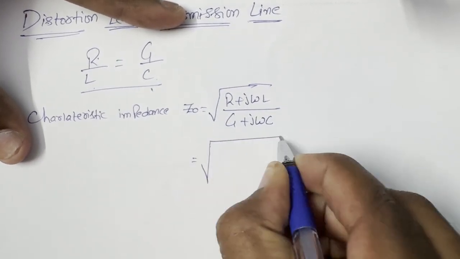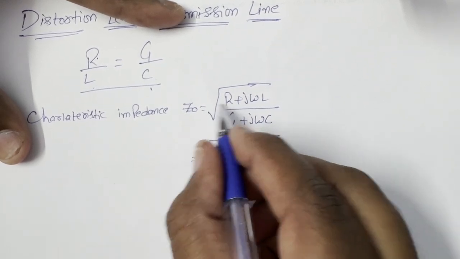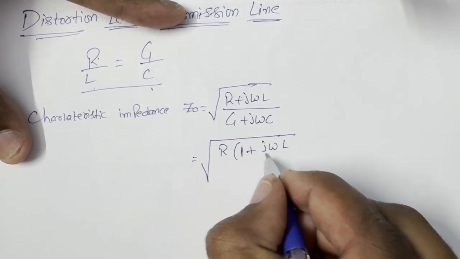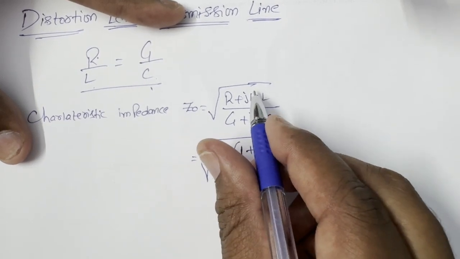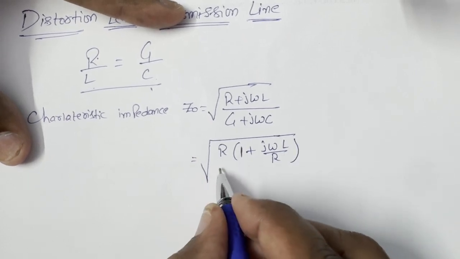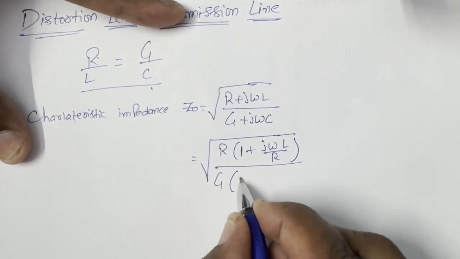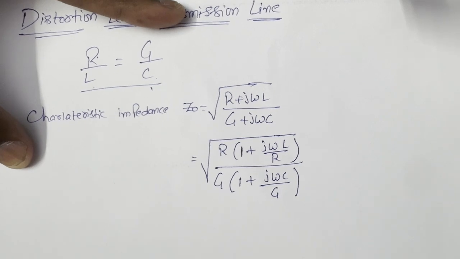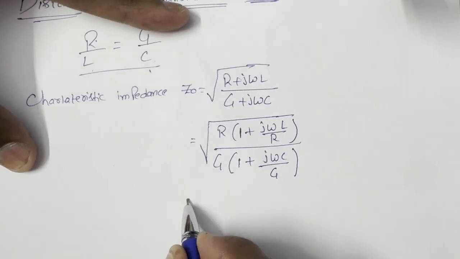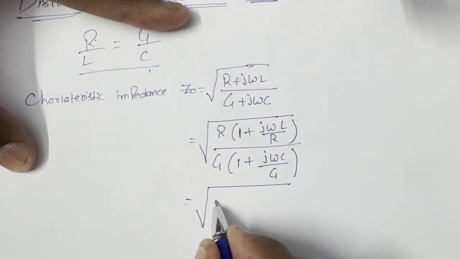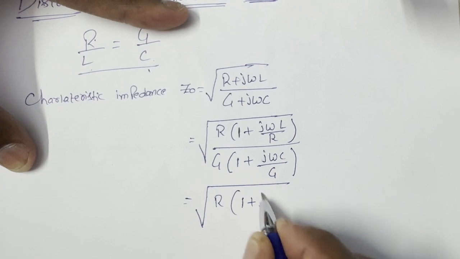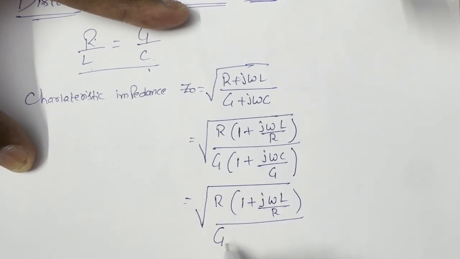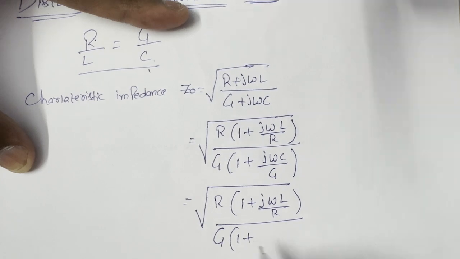Then it equals square root of R into (1 plus j omega L by R) by G into (1 plus j omega C by G).